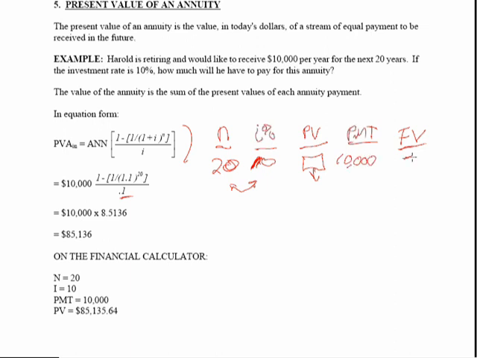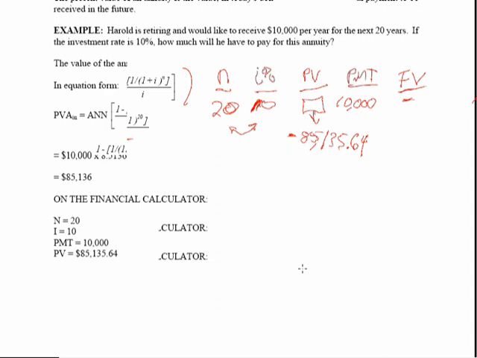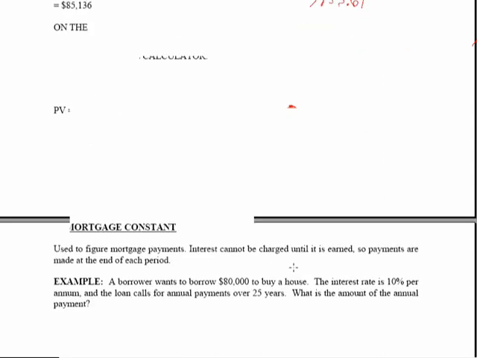And make sure future value is empty, or put a 0 in it if you're not sure. And then compute present value, PV, and you should get, it's actually going to come out to a negative $85,135.64. Or should be very close to that. And that's the present value of an annuity.